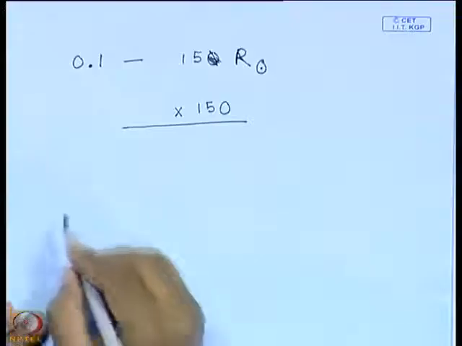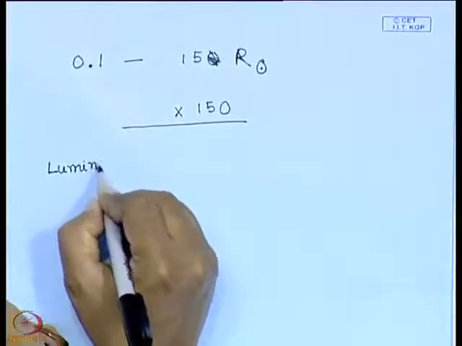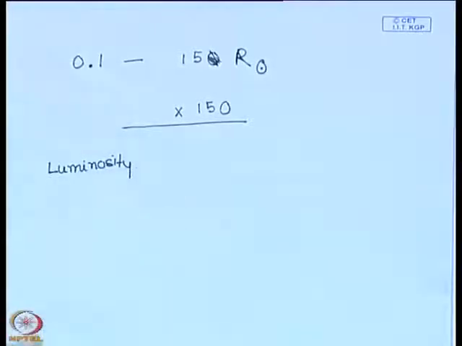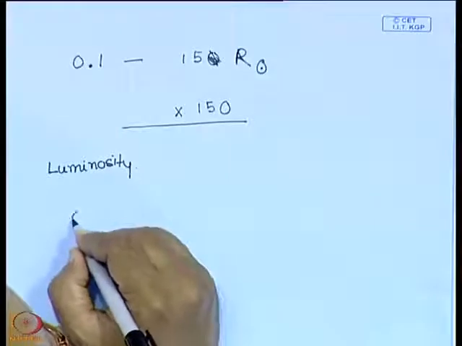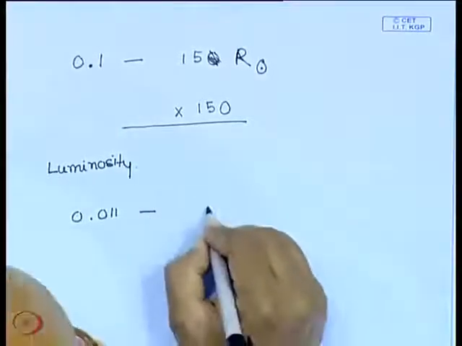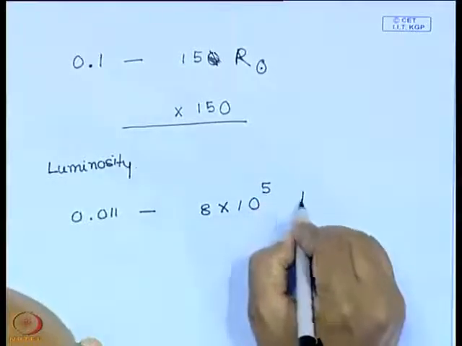But if you look at the luminosity, so you solve the set of 4 equations which we had discussed and look at the luminosity of the star, the luminosities range between 0.011 to 8 times 10 to the power 5 solar luminosity.